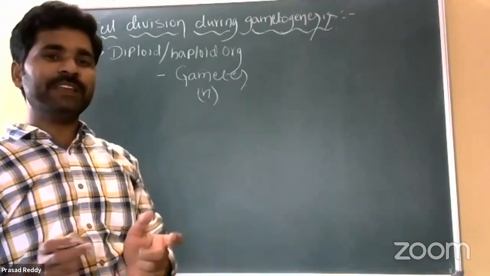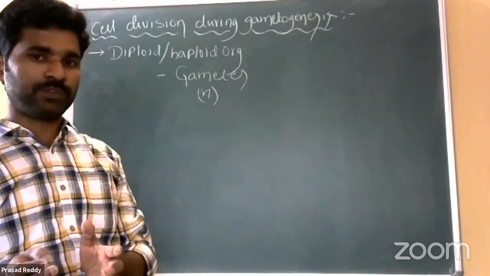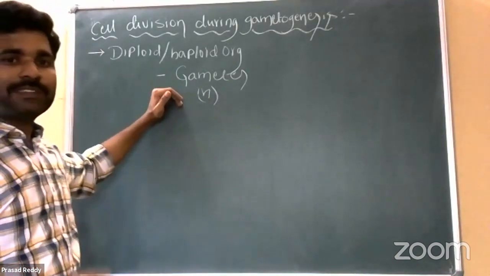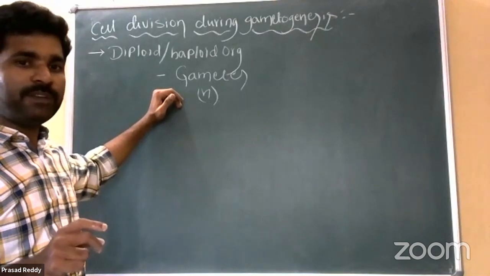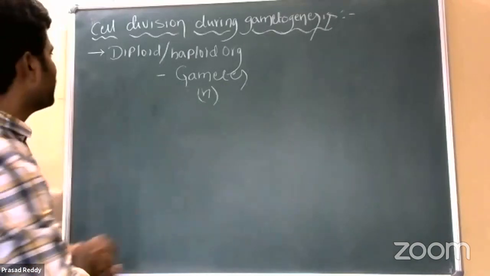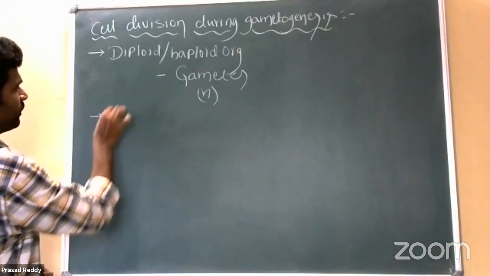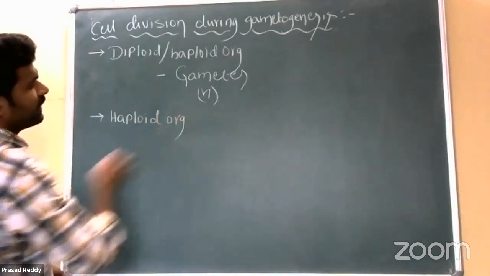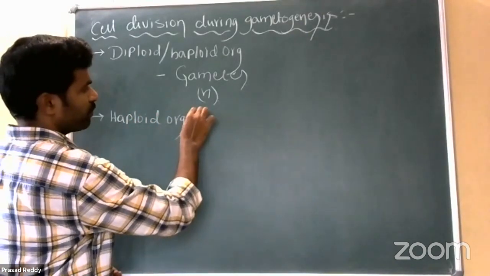So what is ploidy? Ploidy means set of chromosomes. Haploid means a single set of chromosomes. Diploid means two sets of chromosomes. For example, take a haploid organism.